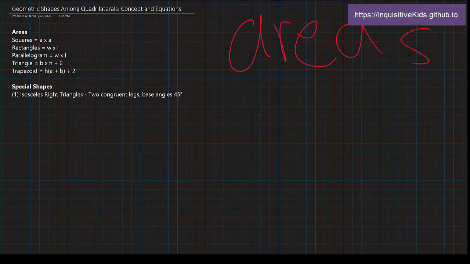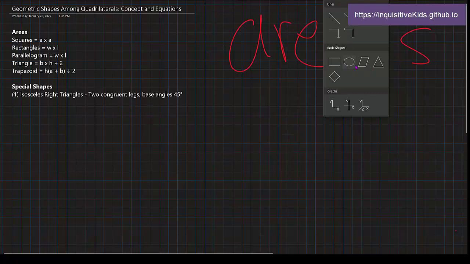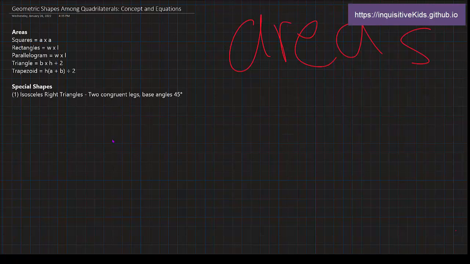The final one is trapezoids. Trapezoids are something that is very important. So here is my trapezoid.